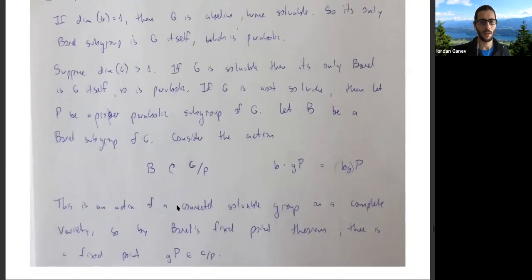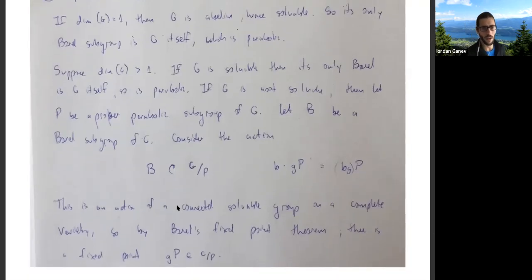Okay, so how do we do this? Let's think about the action of B on G mod P. Since P is parabolic, G mod P is a complete variety. There's this left action of G on G mod P. We don't think about all of G acting, we just think about B acting. The action just takes the coset of little g to the coset of b times g. So this is an action of a connected solvable group on a complete variety.